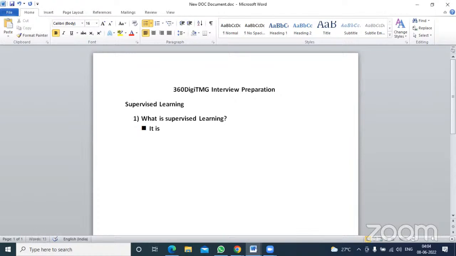So supervised learning is defined as a labeled data set.